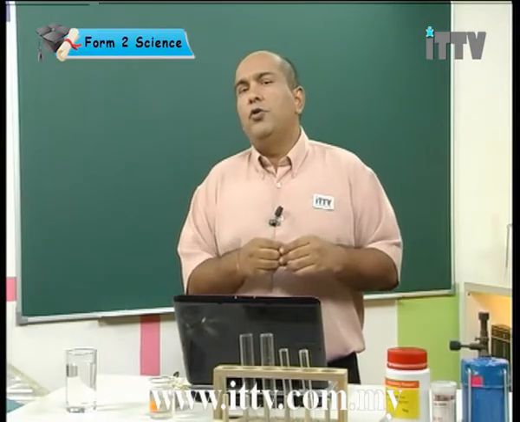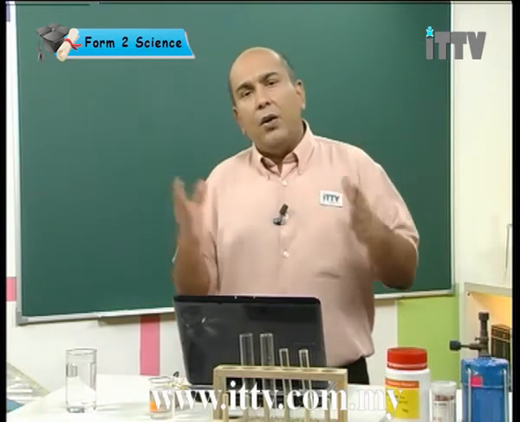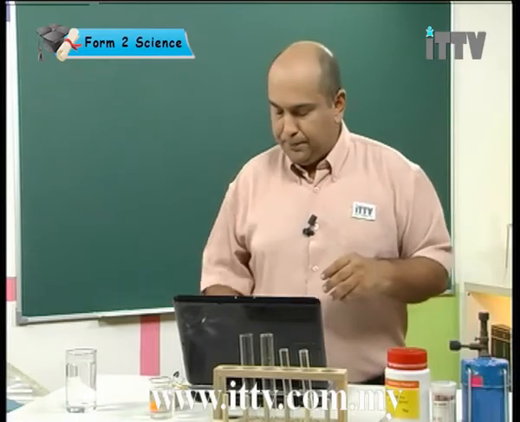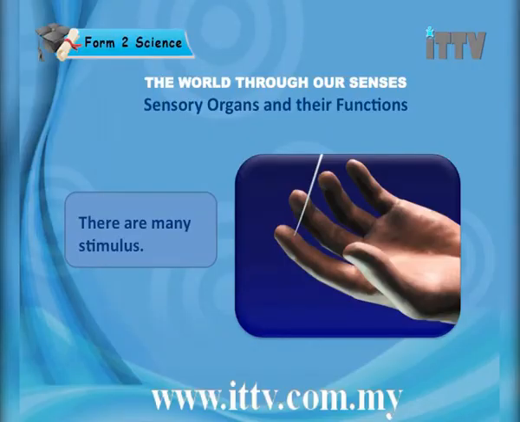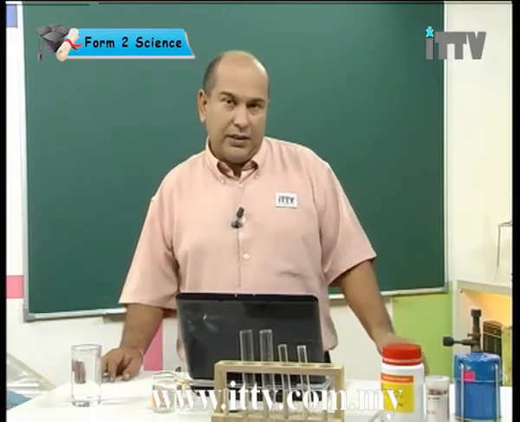Now, we really do need our sense organs because what they do is they allow us to detect changes in our environment. There are many stimuli. These stimuli are actually the changes in the environment around us.